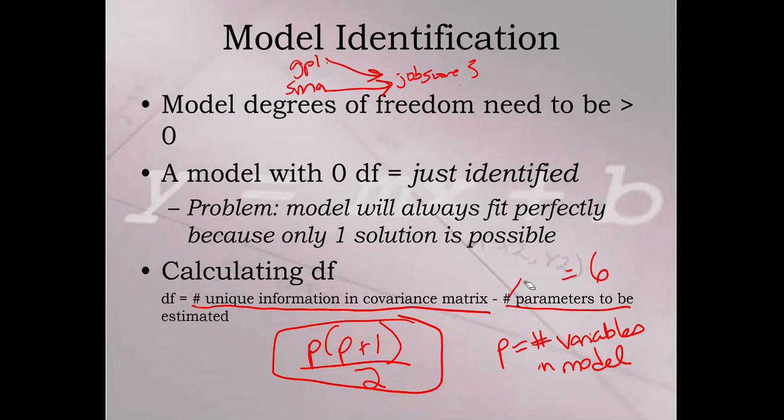Now let me show you how number of parameters estimated works. Every arrow counts as a parameter. So right now we have 2 arrows. So that's already, remember that in this case we had 6 total, right? So that's already eaten up 2 of them. Plus, what else do we have in this model? We have a covariance between our exogenous variables. So that's a 3rd one.